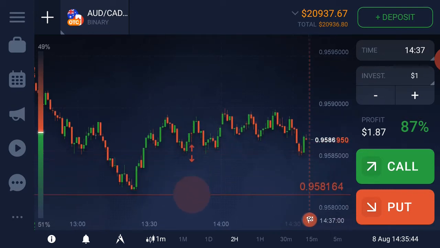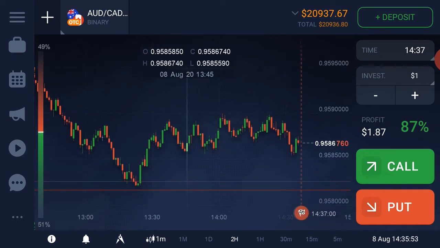This one is our support level. You can see this red candle after a green candle goes very strongly up from this level.